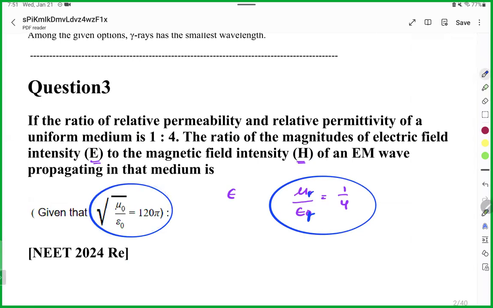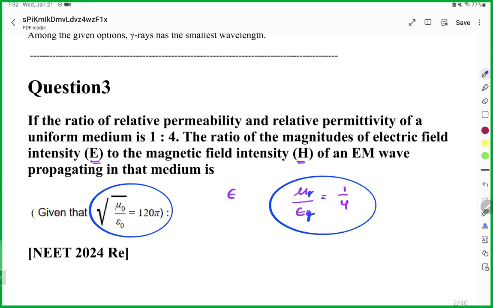This is 120 pi. So 60 pi. Yes, it will be.